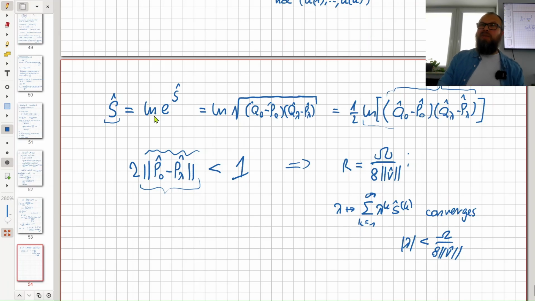Maybe you can use a trick like this, looking for analyticity of something, maybe some logarithm, and then you can say, this is my perturbation theory with all procedures.